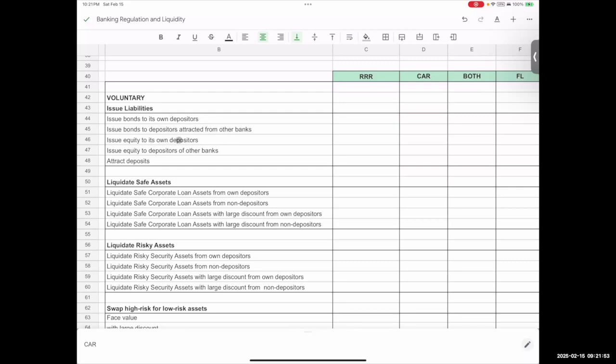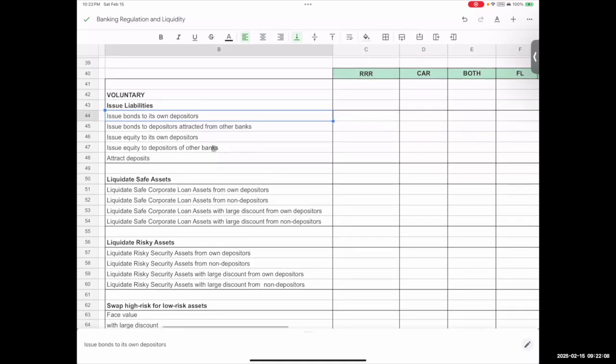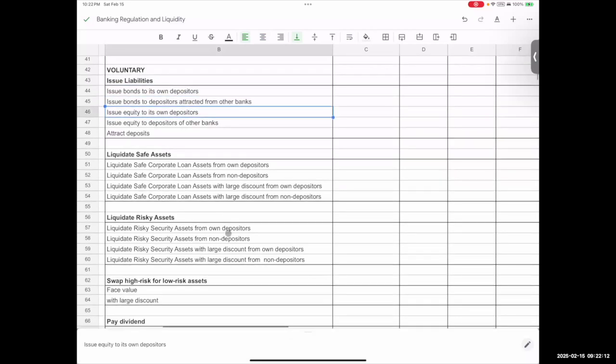When they obtain assets, it becomes very important whether the bonds that banks issue on their liability side are obtained by depositors or by clients of other banks that are not their depositors. And then we have an interbank payment happening. So we have bonds and equity issuance.